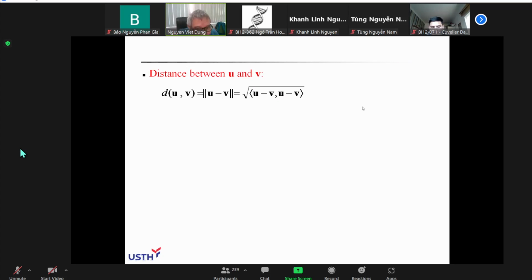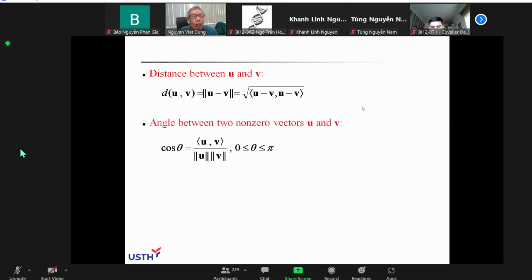So the distance is defined like that, and also we can define the angle between two non-zero vectors once again like that. You see, anything we do with the inner product is absolutely like what we did with the Euclidean n-space.